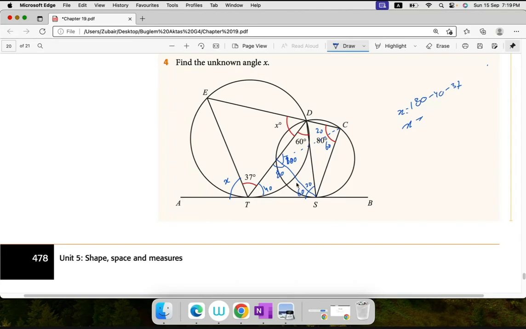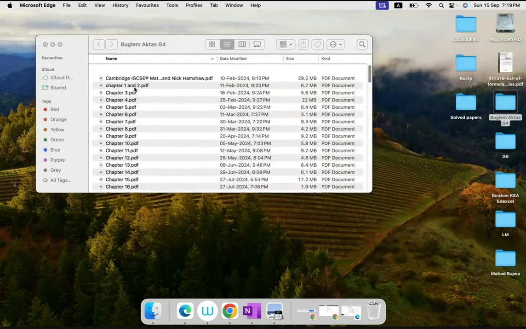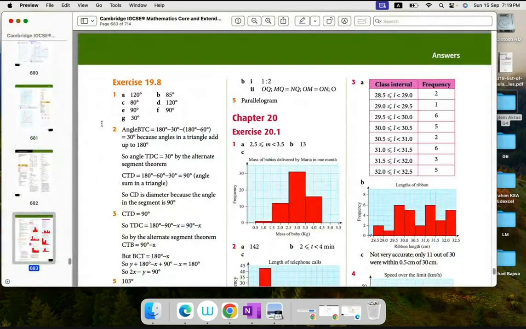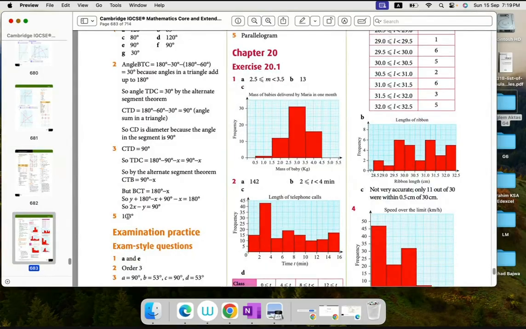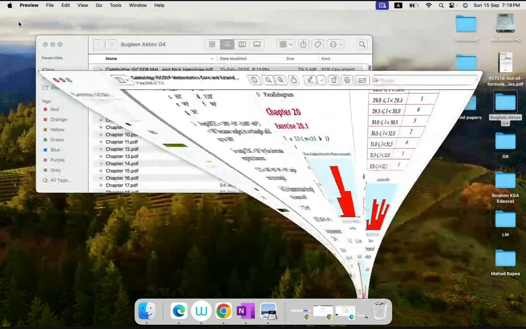It doesn't look like 103. Yeah, when I was doing it, I did a kind of different method, but I got 103 as well. But when I checked the marking book, the x didn't really look like it. So I was confused about that as well. Do you remember the answer? Yeah, it was 103. So that means you got it right.